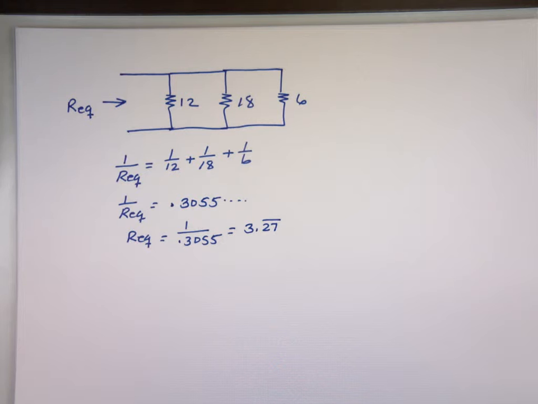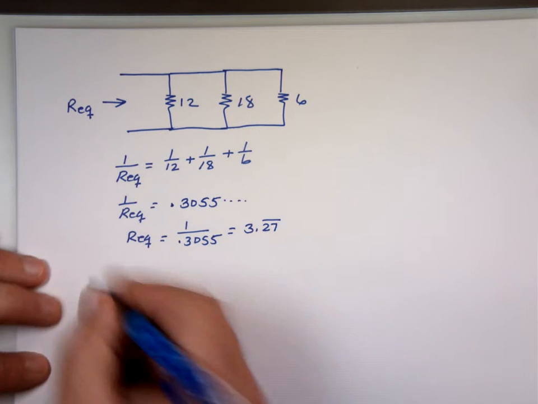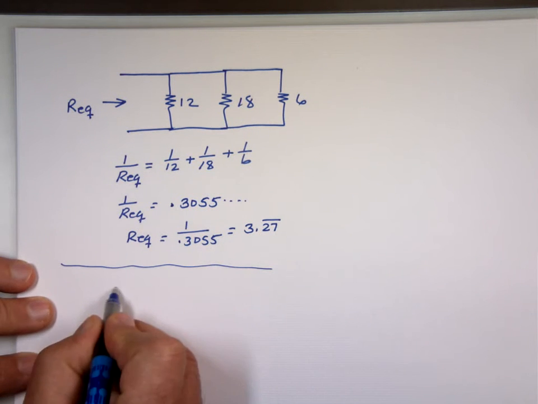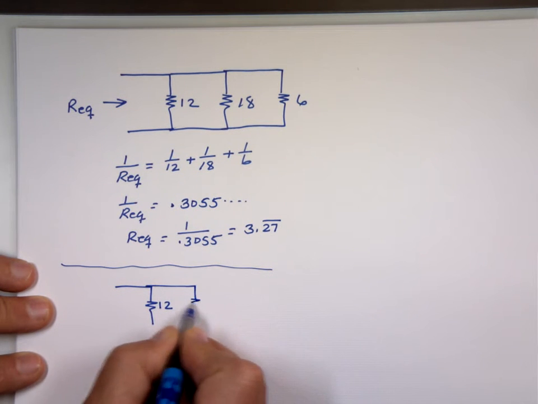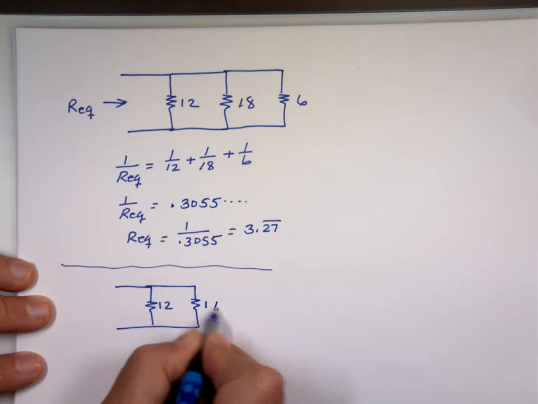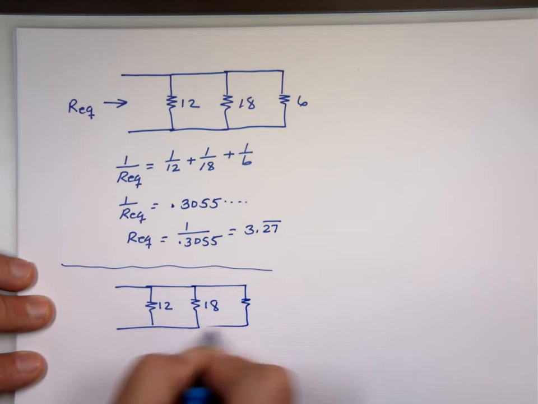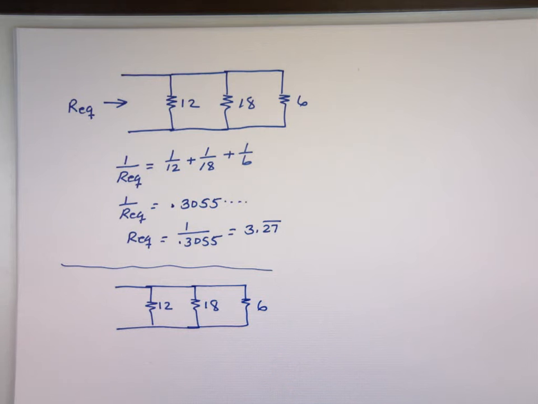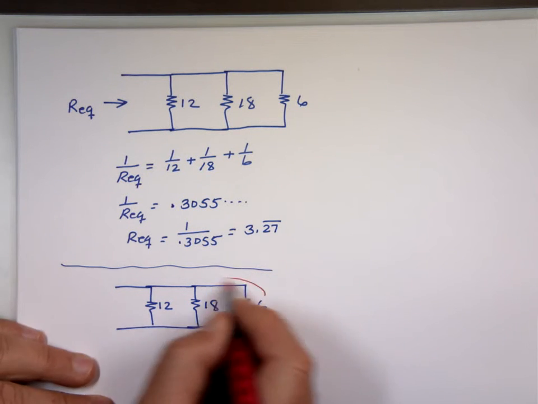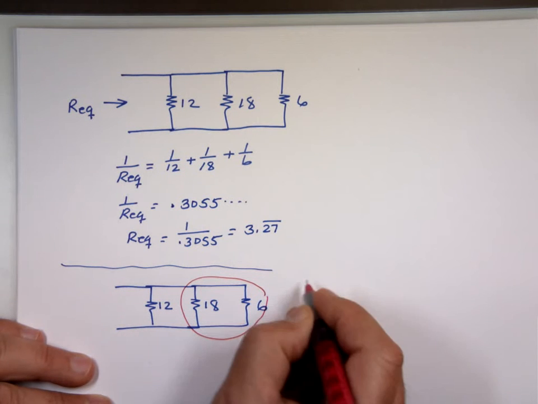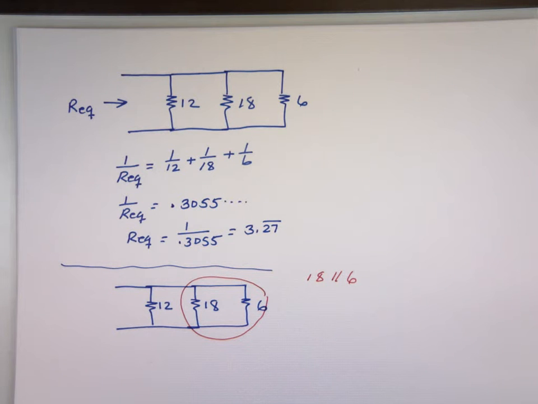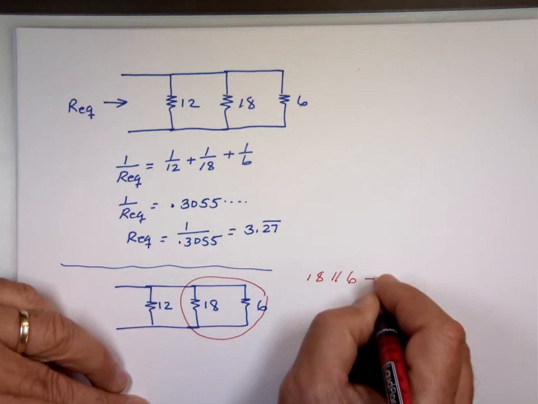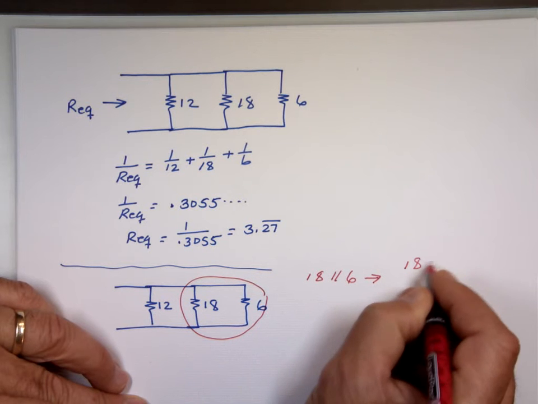Now, if I wanted to do it not with this method but using the product over the sum, you can do two at a time. Doesn't matter which two. So if I grab the last two, this is 18 in parallel with 6. So the equivalent of that is the product over the sum.